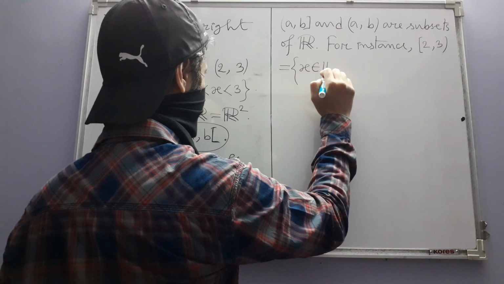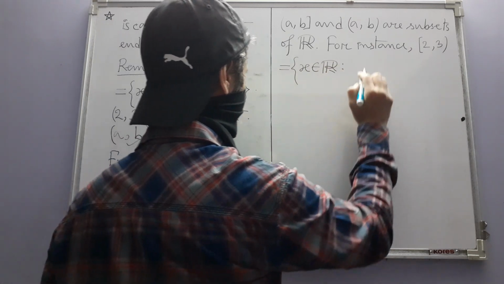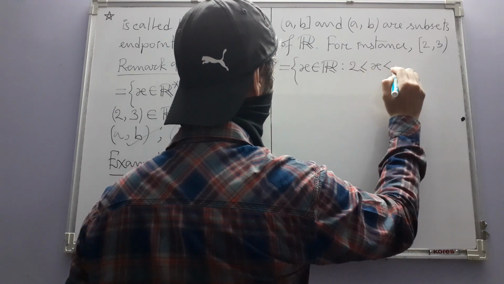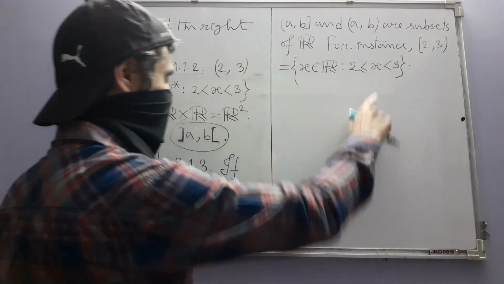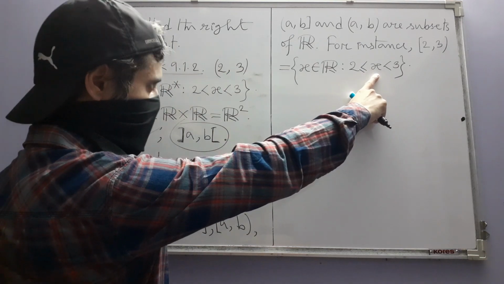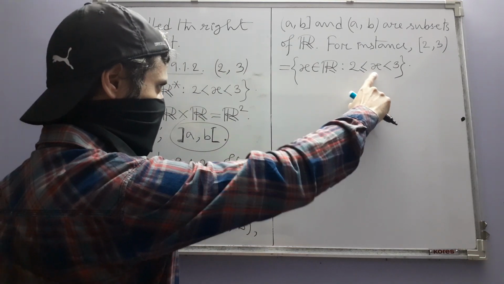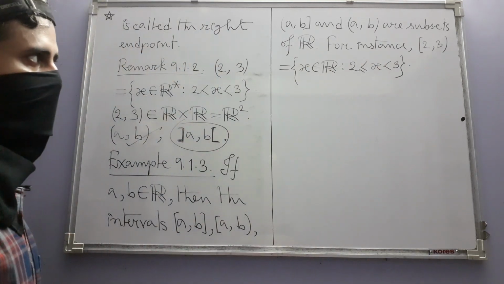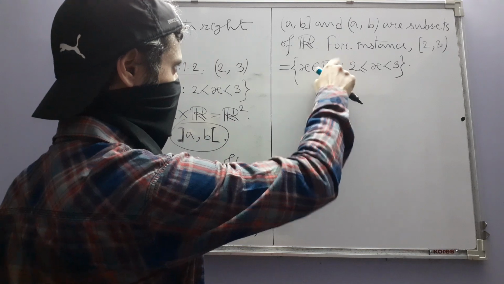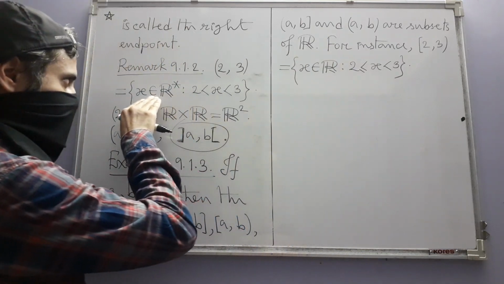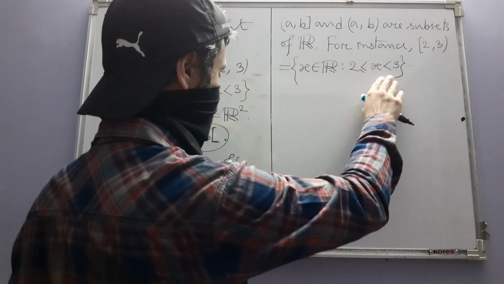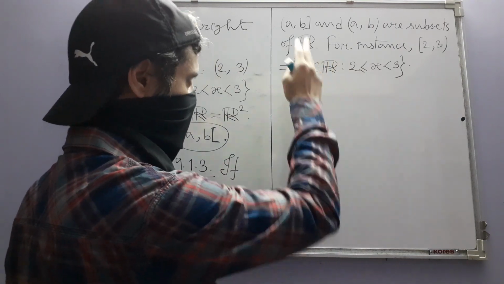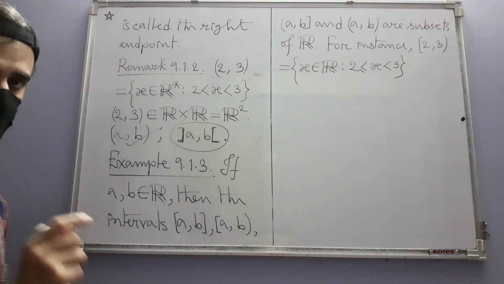Now in place of R star, you can just simply write R. And the reason is that this x can neither be plus infinity nor minus infinity due to these inequalities and due to 2 and 3 being finite. That's why there is no need to write R star. Actually that set where you have R star here becomes equal to this set, because it reduces to this set because of this finiteness.